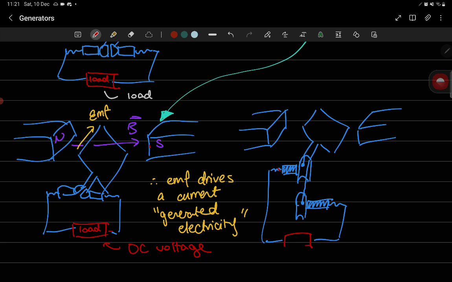So likewise, you can see in this generator, there is a load attached, and then there is some sort of crank that allows you to turn this rotor manually. But everything else stays largely the same.